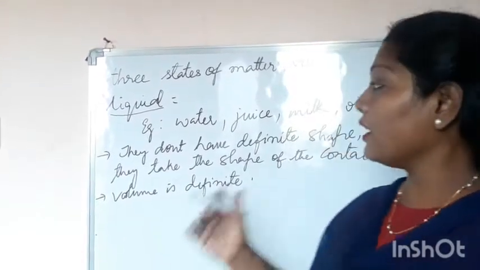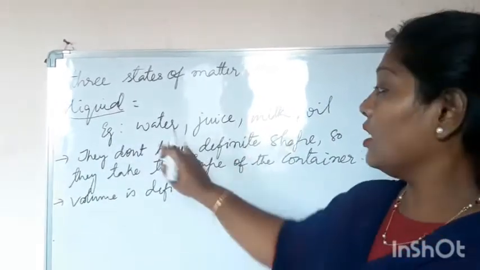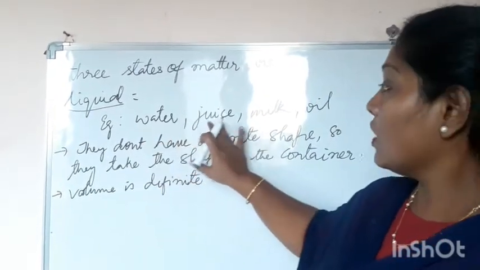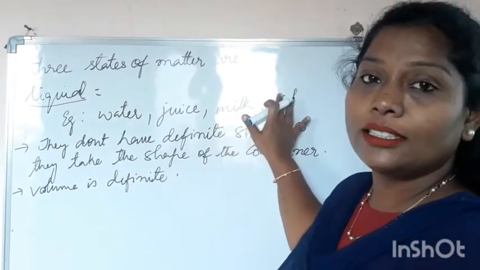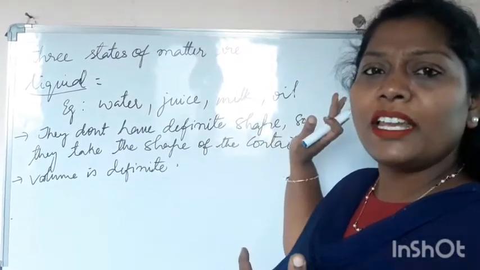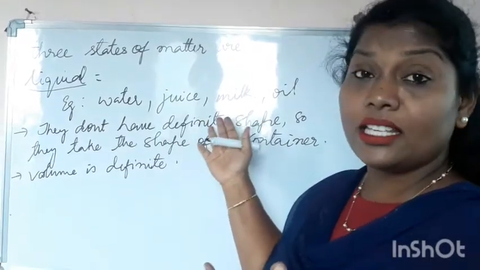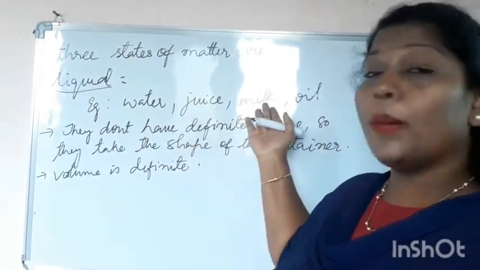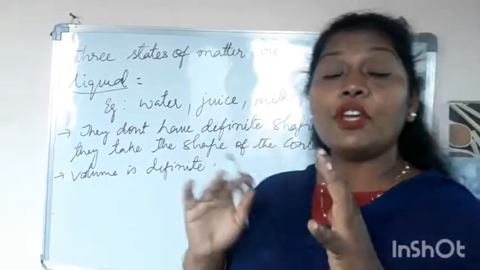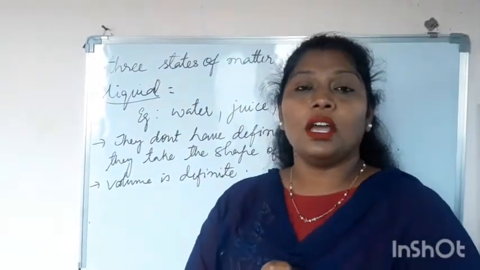What are the different kinds of liquids that we see? Water, juice, milk, oil. Yes, children, and so on. We have many liquids, but now let us take these examples: water, juice, milk, oil. If you observe them, how are they?